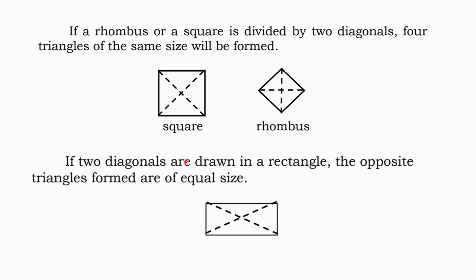If two diagonals are drawn in a rectangle, the opposite triangles formed are of equal size. We drew diagonals in the rectangle, so two triangles are of equal size.